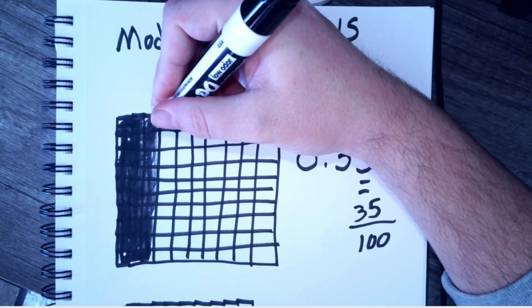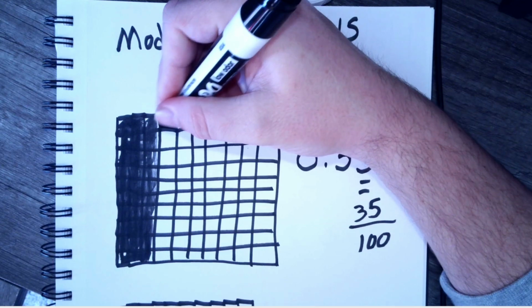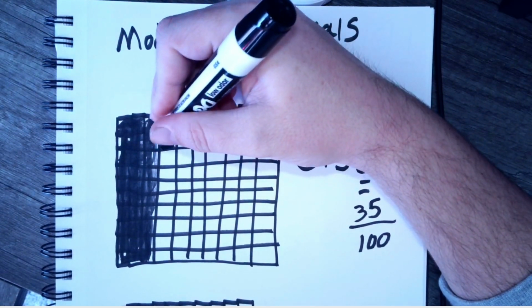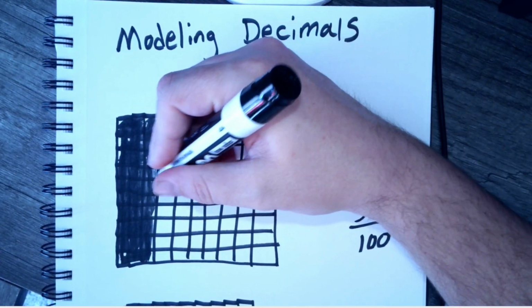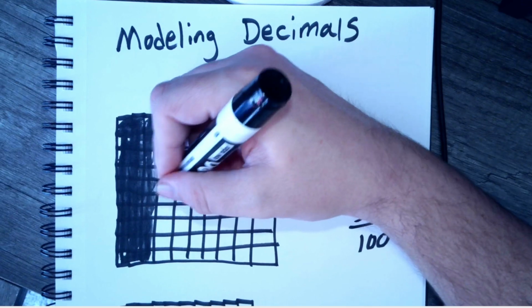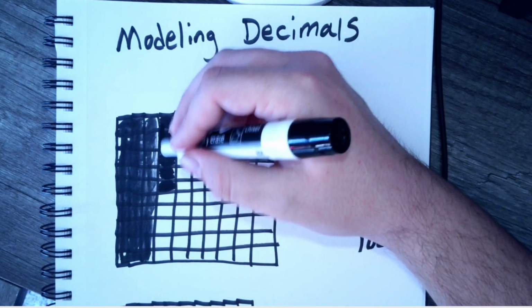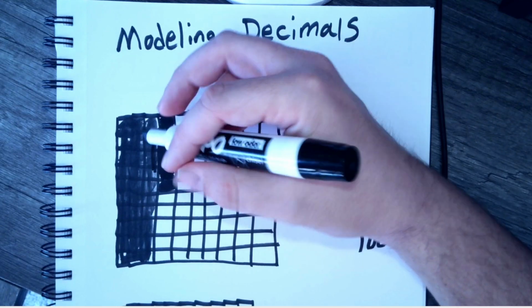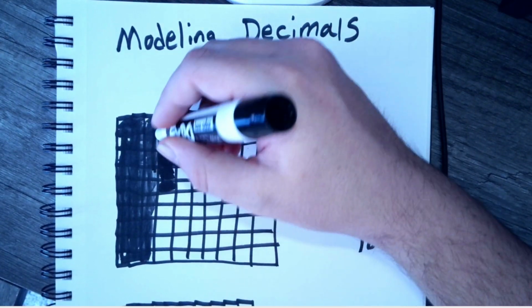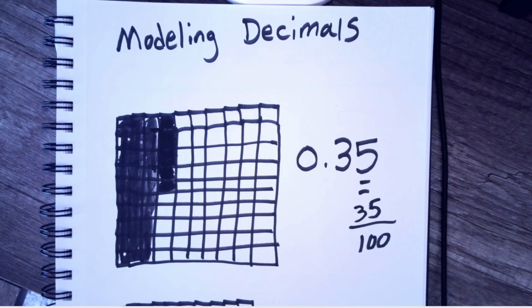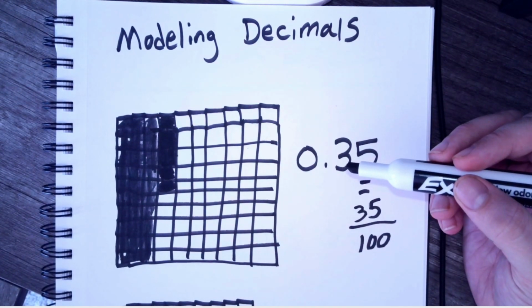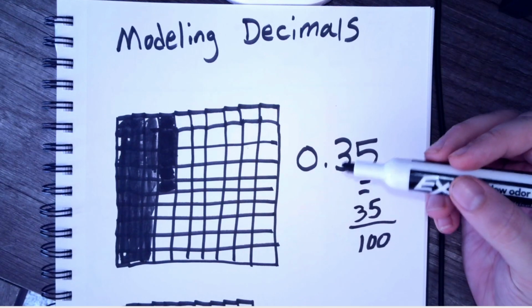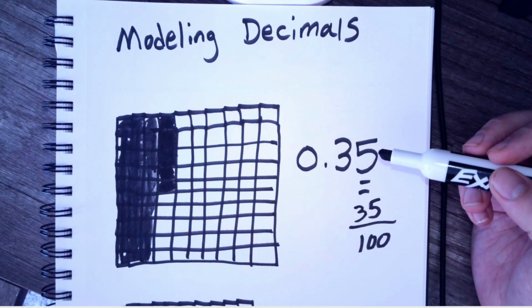So I'm going to go to the next column. I'm not going to shade the whole column. I'm just going to shade 1, 2, 3, 4, 5. So now when I look at my model, I can say that I have shaded in 35 hundredths: 3 tenths, which is the same as 30 hundredths, and then 5 more hundredths combined.